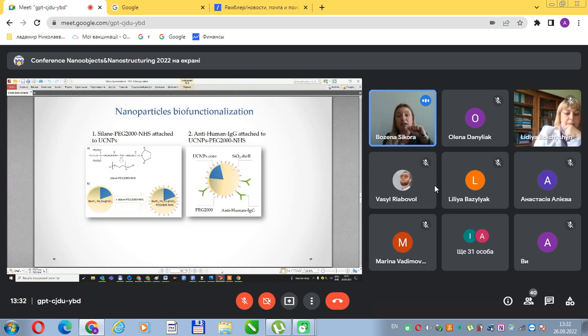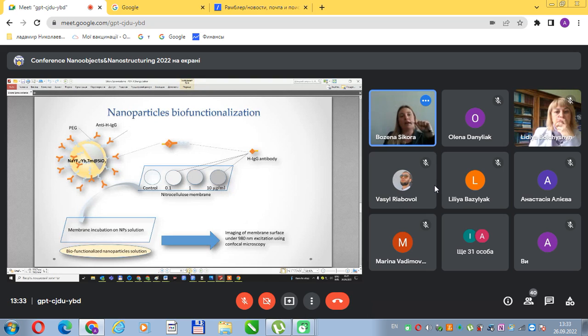And to check if we have this protein on the surface and this protein didn't lose activity, we performed the experiment. Could you change the slide, please? With the nitrocellulose membrane.